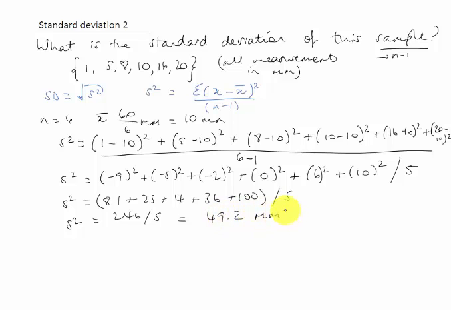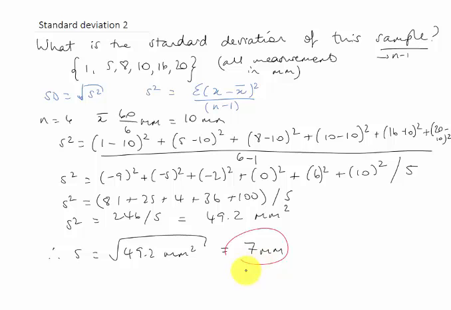And now let's add the units, millimeters squared. So that means that the variance is 49.2 millimeters squared, and we're going to take the square root of that, which is let's say 7 millimeters.